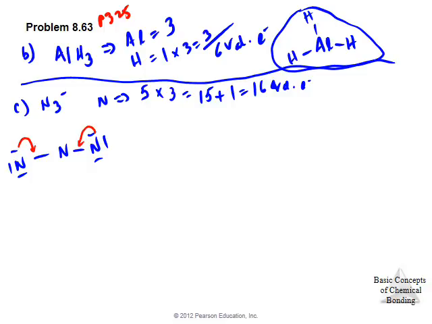Let me draw that structure: N, double bond, N, double bond, N, and let's write down the other electrons, 6, 8, 6, 8. So this is our resonance structure 1.